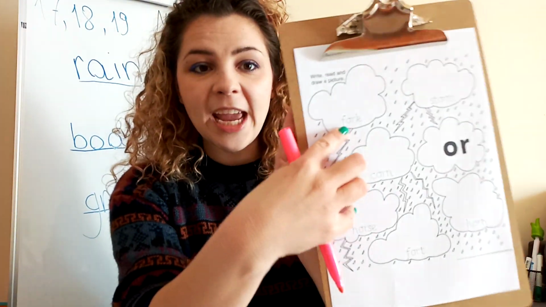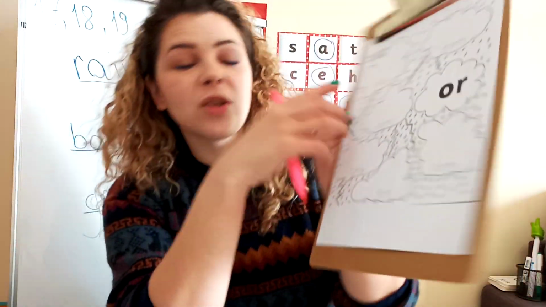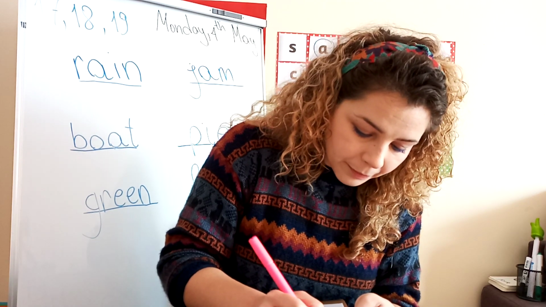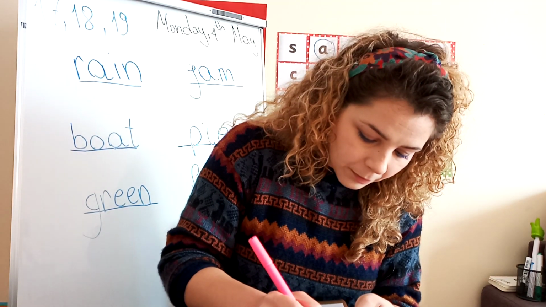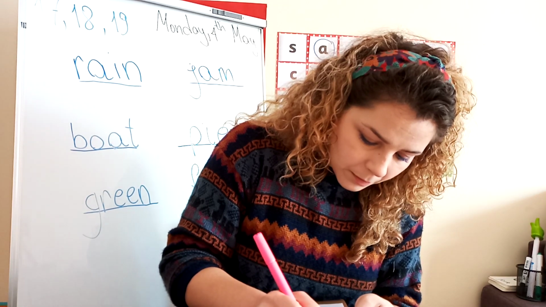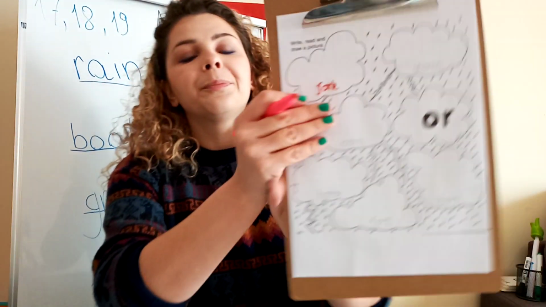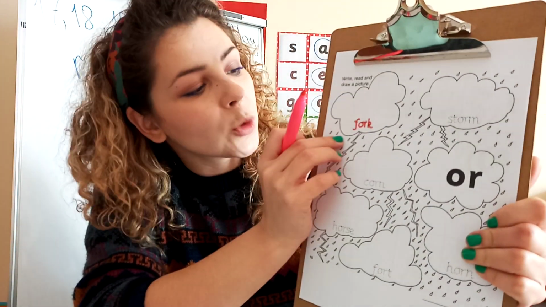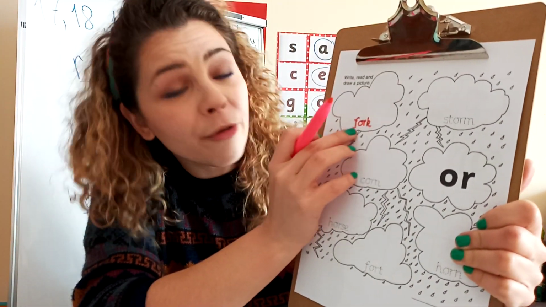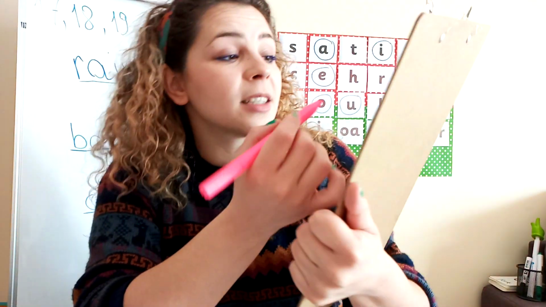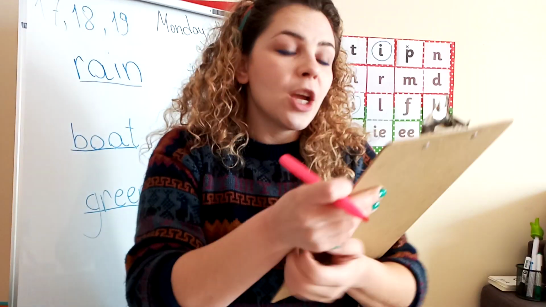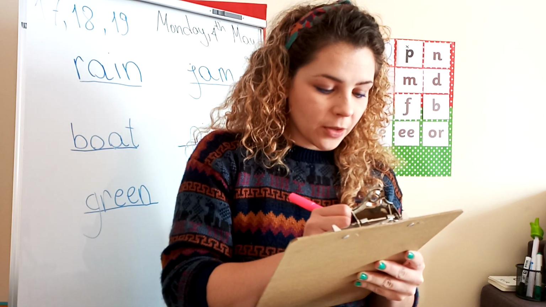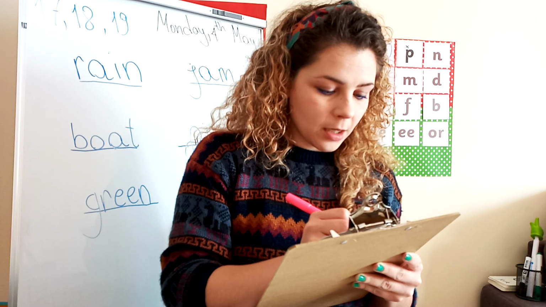Okay, so let's start with maybe this word. First, you need to trace over. I'm going to do it with this one so you see better. So first you trace over, then you read the word fork, fork. And then your next final step is to try and draw a fork. I'm going to try and draw a fork. I don't promise it's going to be any good.